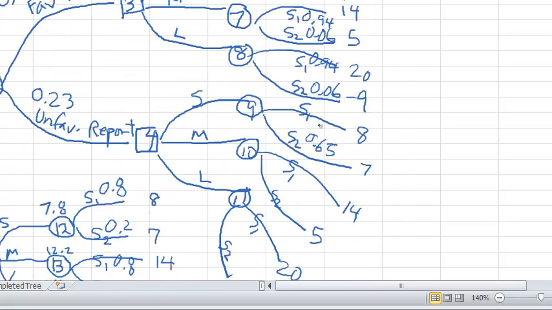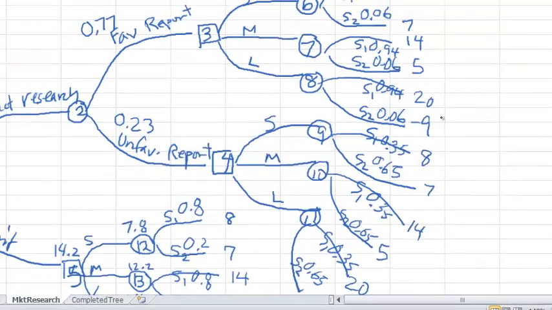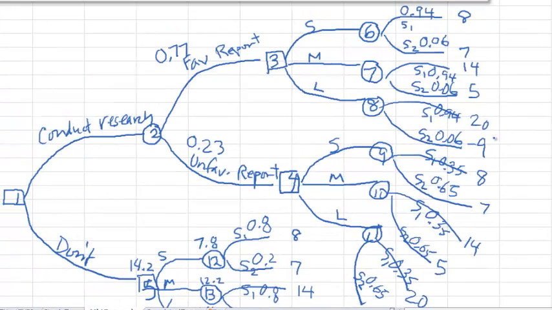Which means probability of the strong demand should be 0.35. And again, repeat these numbers. Okay, so we have all the payoffs and probabilities we need.